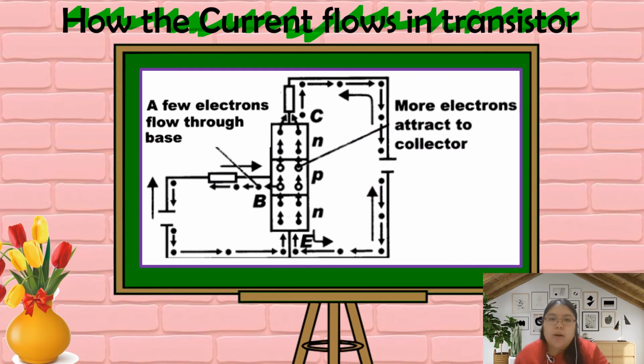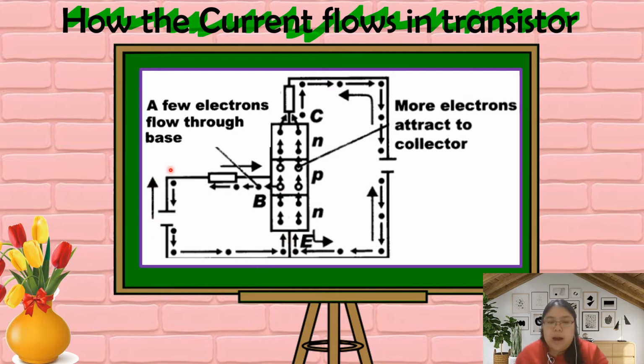Okay, how the current flows in a transistor. This diagram is already inside your notes. Okay, we go and see the base part first. This one is the base. They say a few of the electrons will flow through the base. So from here the current starts from positive to negative. They flow through R1, go to the P type, then go to the N type. After that, go back.